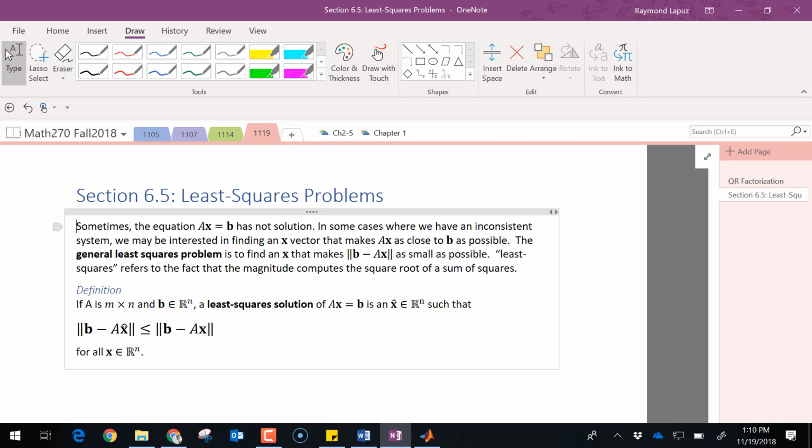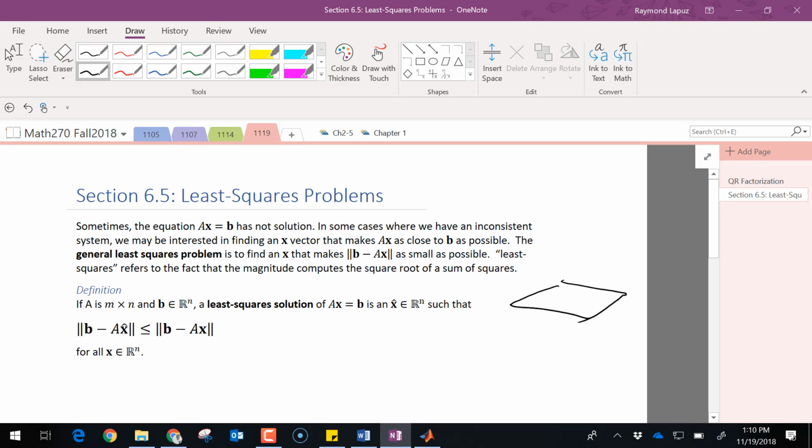And if we try to remind ourselves of how this might look, to visualize in 2 or 3 dimensions, suppose that the column space of A, remember we used to call this a subspace W, and now we get to relate it to an actual matrix.